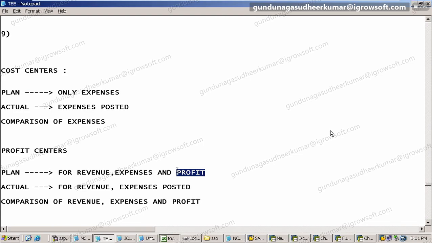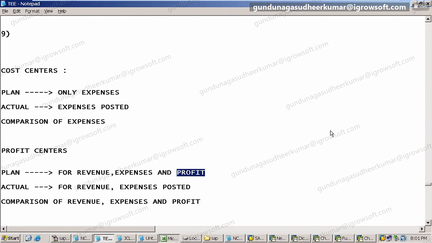So next level, I am doing a higher level. Can you see the difference now? My thinking has expanded. I'm not thinking only at cost level, only expense level. I am thinking at revenue level and then profit level.